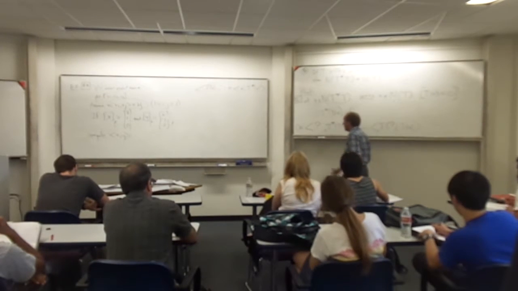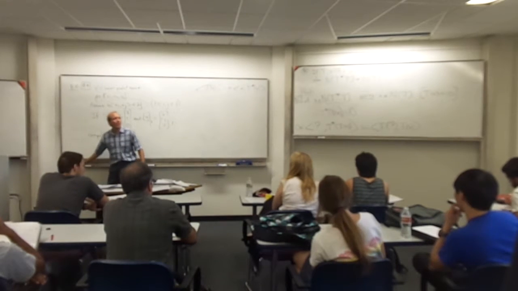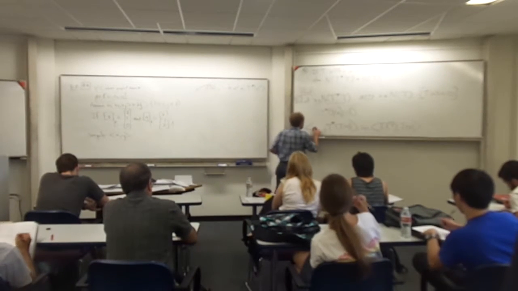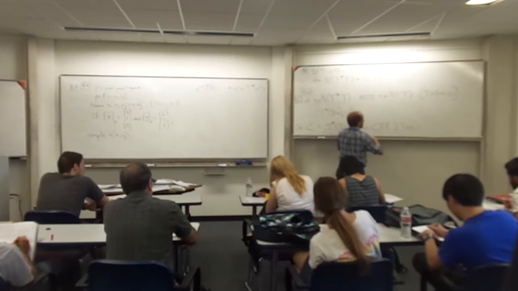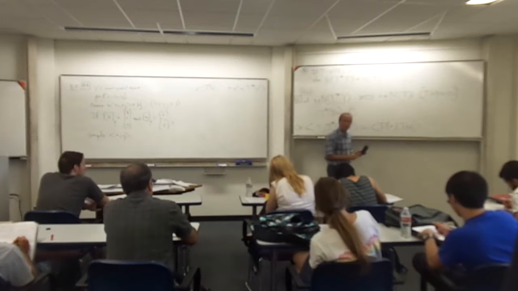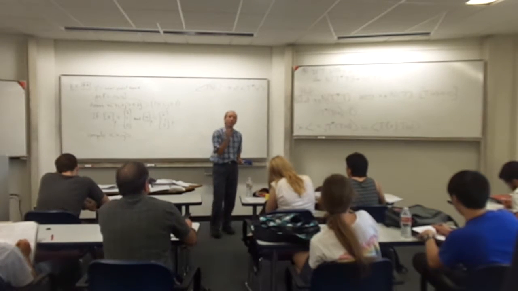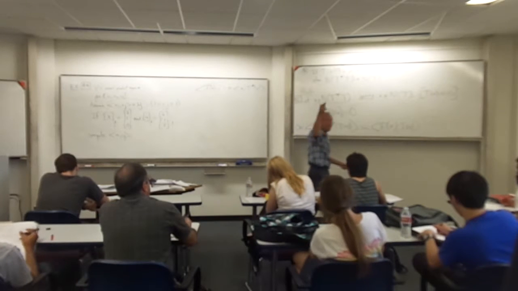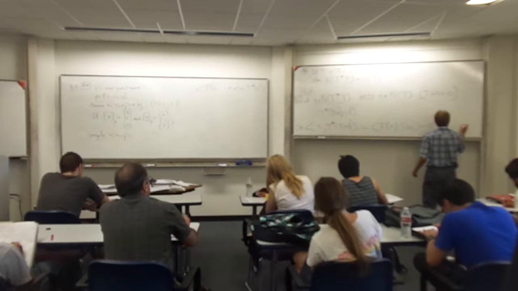Does anybody have an idea what I might want to use for the question mark? Just x, right? Because then you get the inner product of T of x with itself is equal to 0. How many vectors do you know have an inner product with themselves equal to 0? Only one. Which one, Davey? The 0 vector, exactly. So T of x is 0.